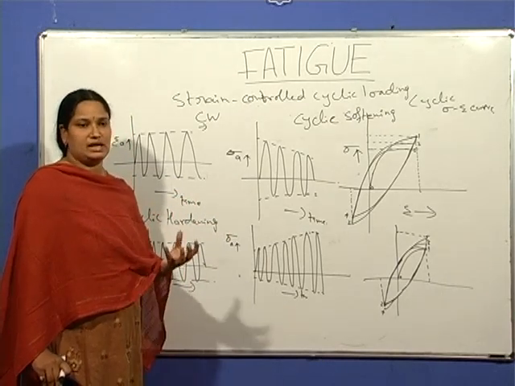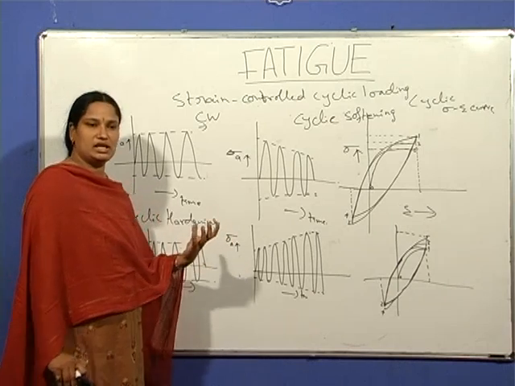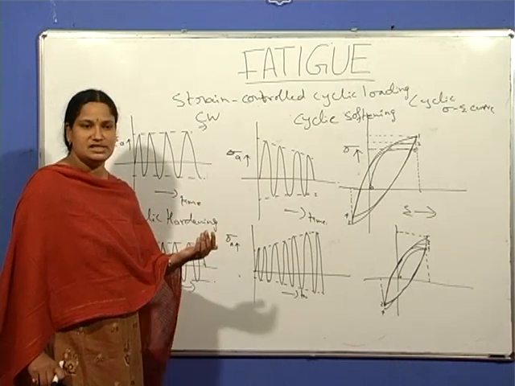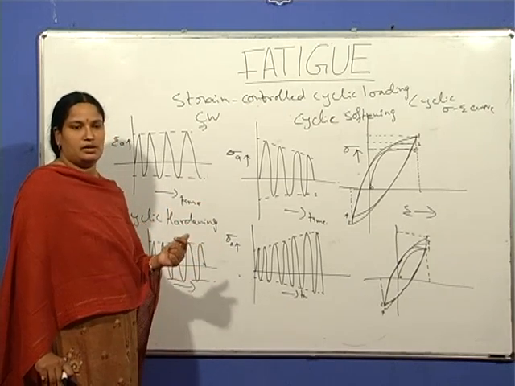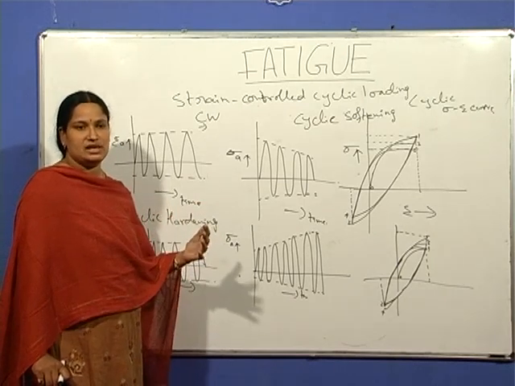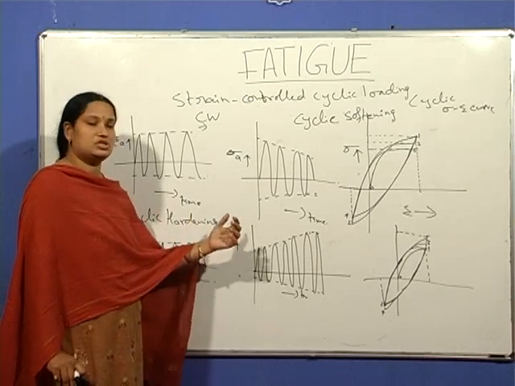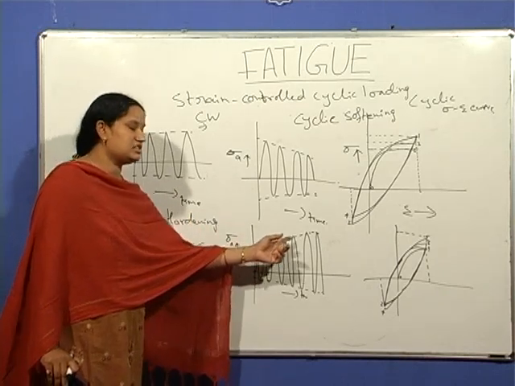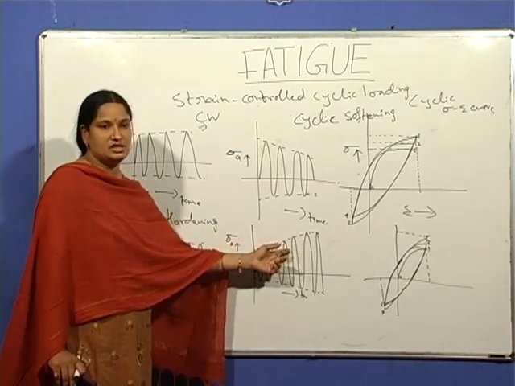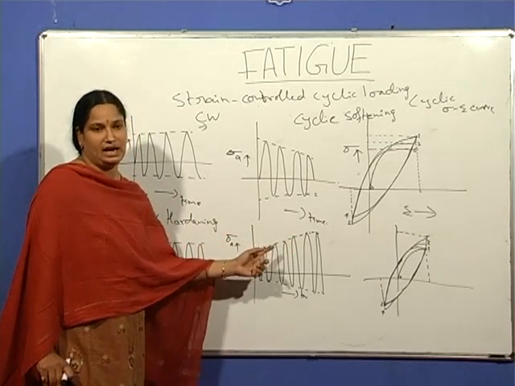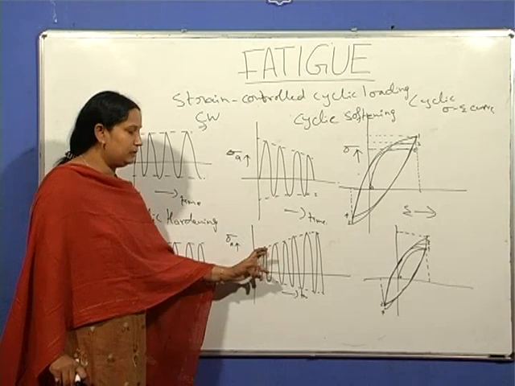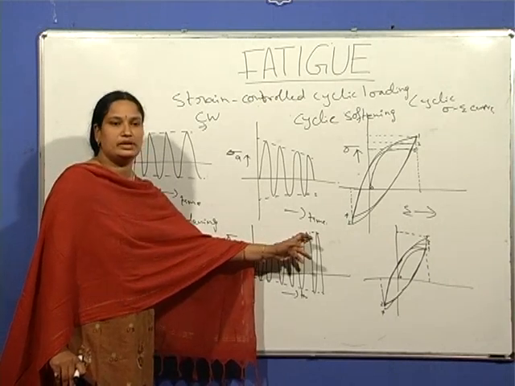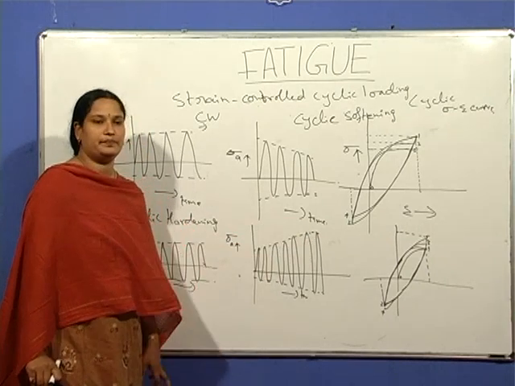So when this annealed material is subjected to cyclic loading, the dislocation density will increase during plastic deformation. The number of dislocations will increase, and this leads to strain hardening, that is the strength of the material increases. So it undergoes cyclic hardening during cyclic loading. The stress amplitude increases during cyclic loading.